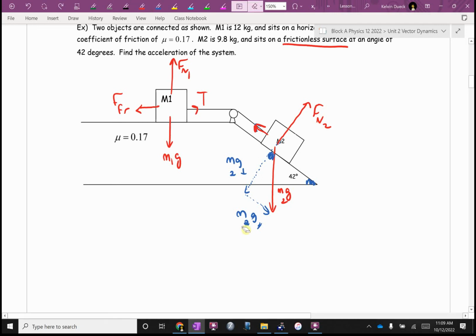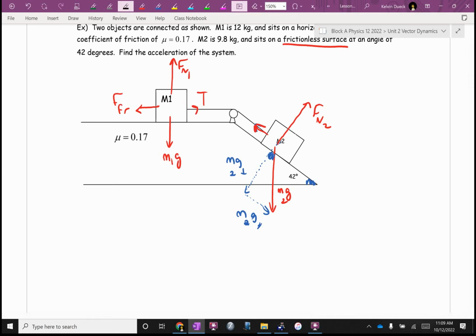This is what's causing this whole thing to move, M2G parallel. It's the winner. So again, I'm going to walk along the rope. Anything that ends up down the ramp, winner, plus. Anything that ends up up the ramp, loser, minus.